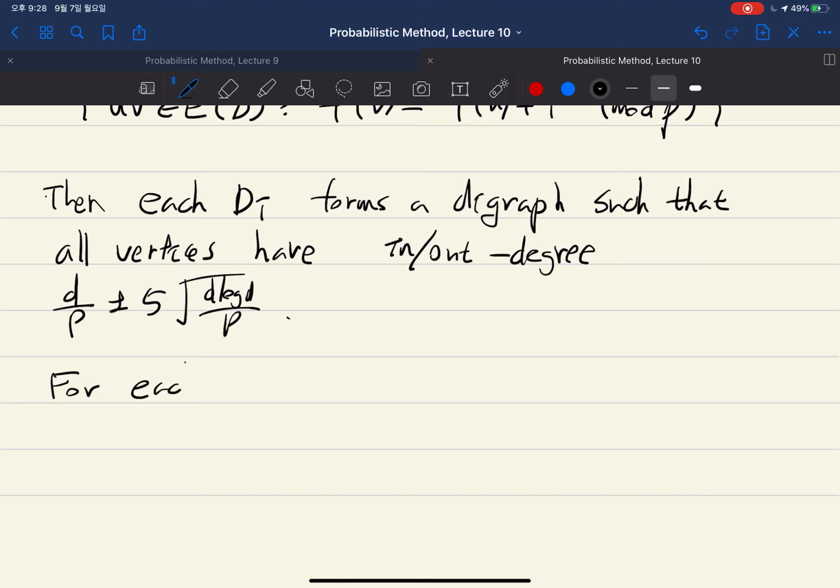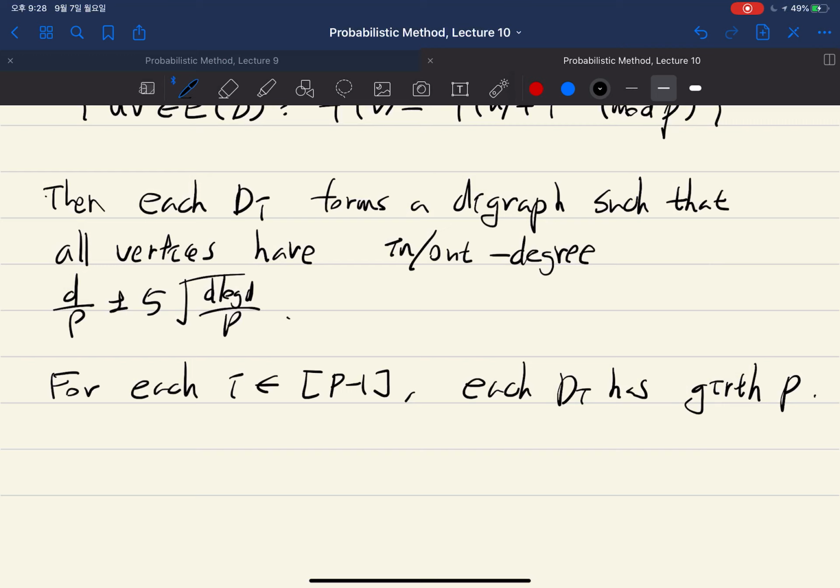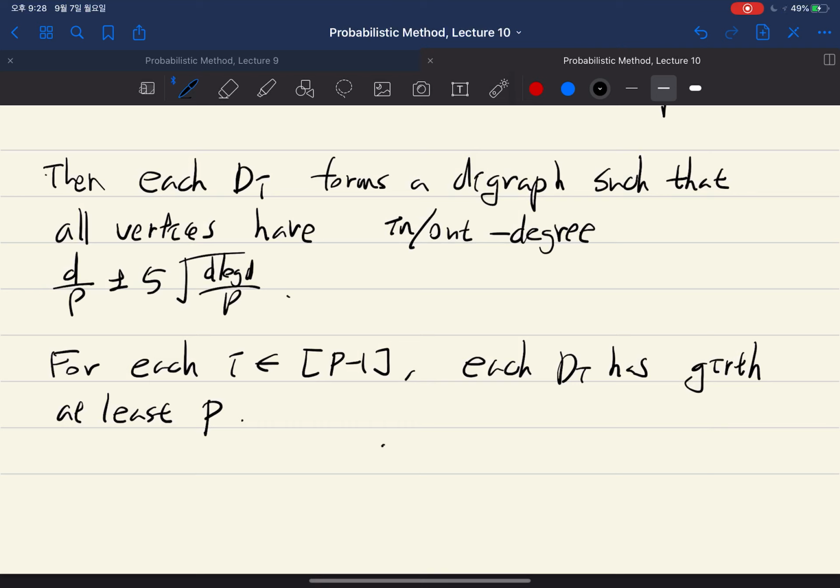Moreover, for each i between 1 and p minus 1, each Di has no cycles of length less than p, as all cycles in Di have length divisible by p, as we noticed before.